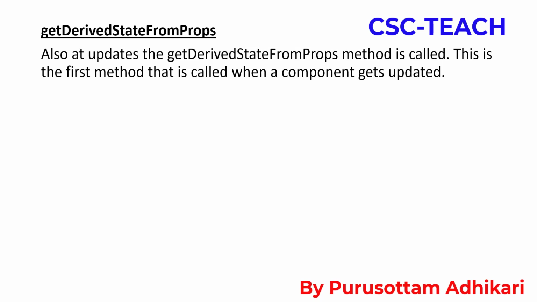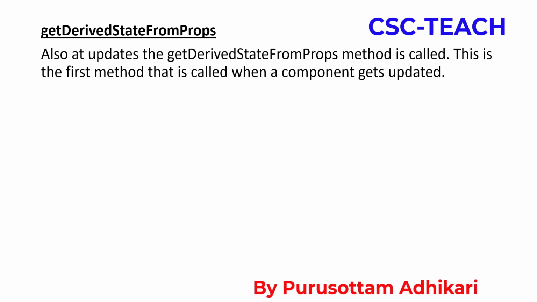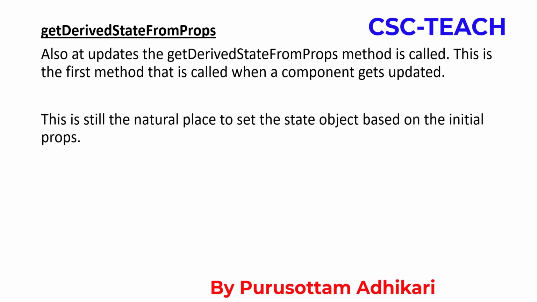It should return an object to update the state, or null to update nothing. This method exists for rare use cases where the state depends on changes in props over time. This method doesn't have access to the component instance as it's a static method, so this is not available inside it. It is still a natural place to set the state object based on the initial props.